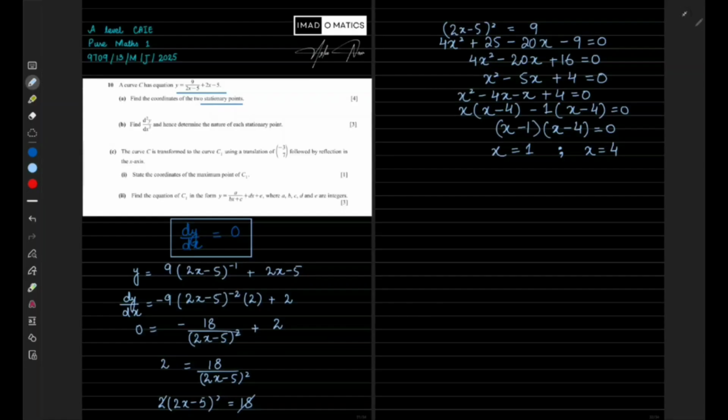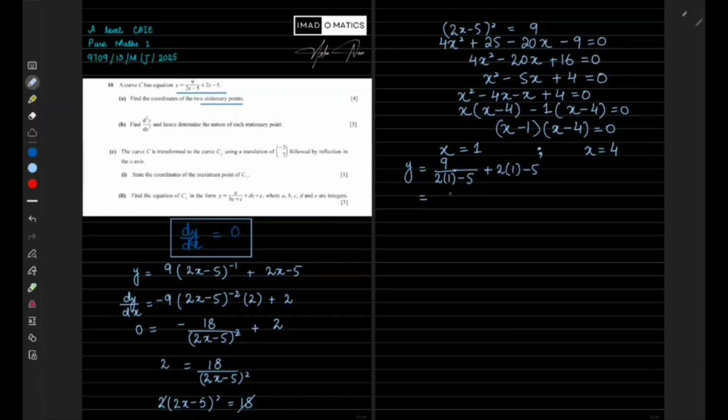Now we can find the y coordinates for these values as well. y equals 9 over 2x minus 5 plus 2x minus 5.